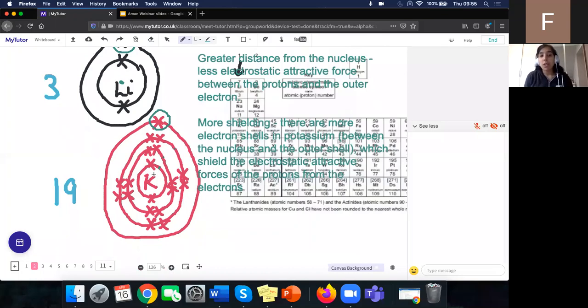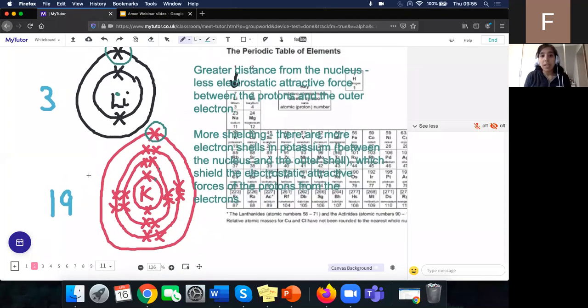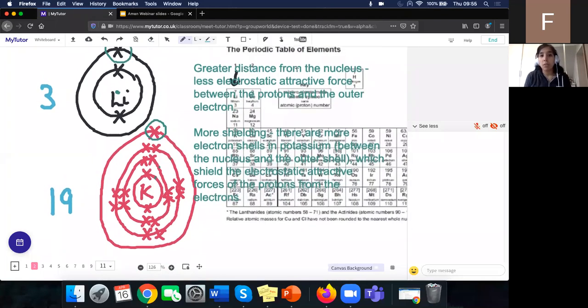And the reason why that's not the case is because the 2 forces of greater distance and more shielding are greater than the atomic number being increased. So in an exam question, you would answer it with there being a greater distance and there being more shielding.